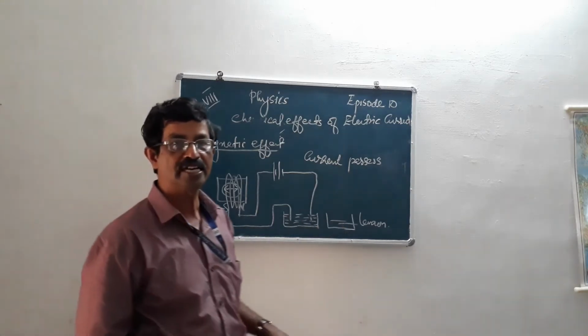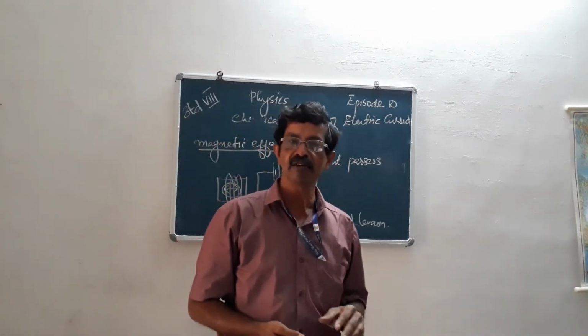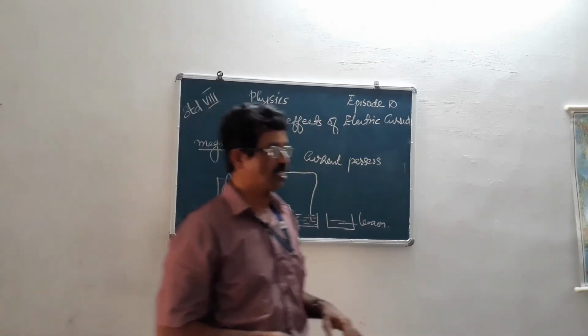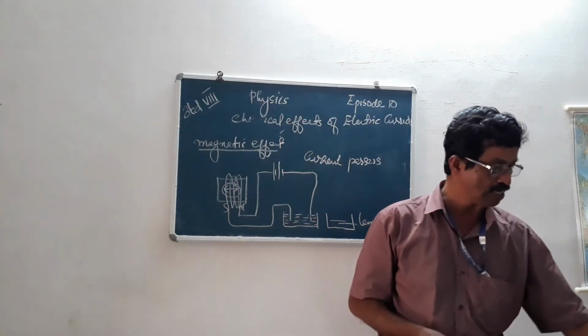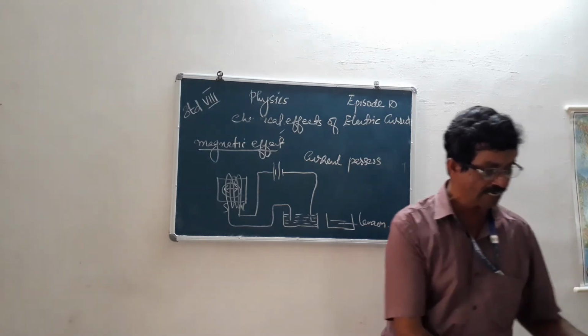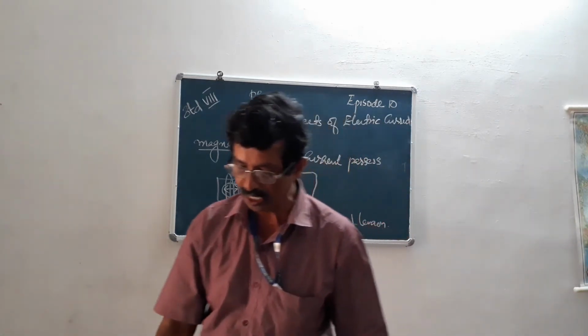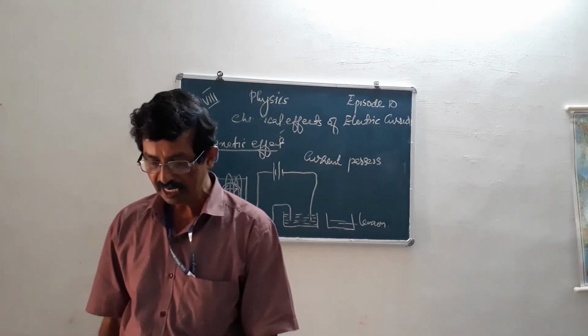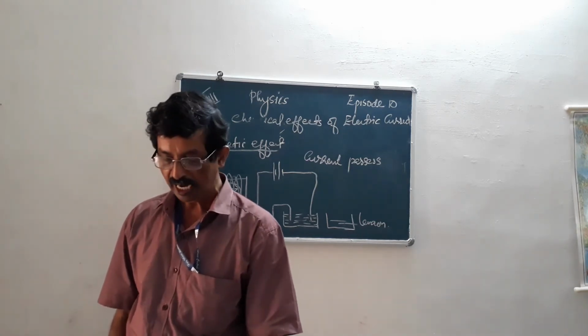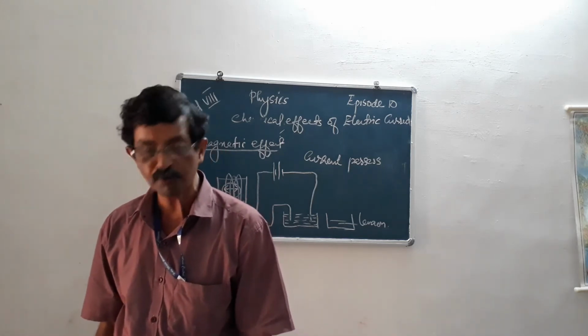In the same manner, we can dip it in water and also in different substances like this, and observe whether it is a good conductor or a bad conductor. Here one table is given. Does the compass needle show deflection, yes or no, and good conductor or poor conductor.